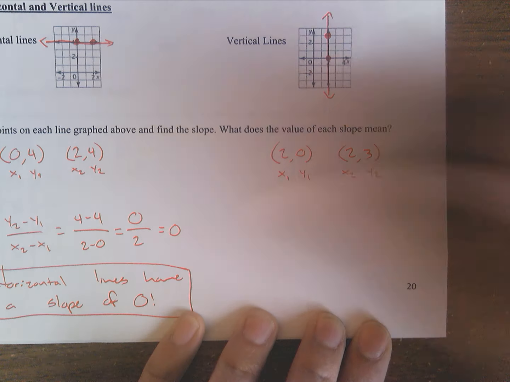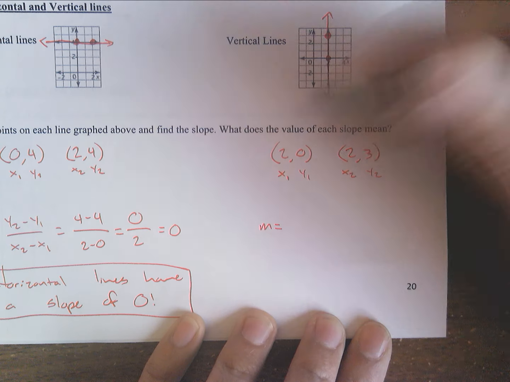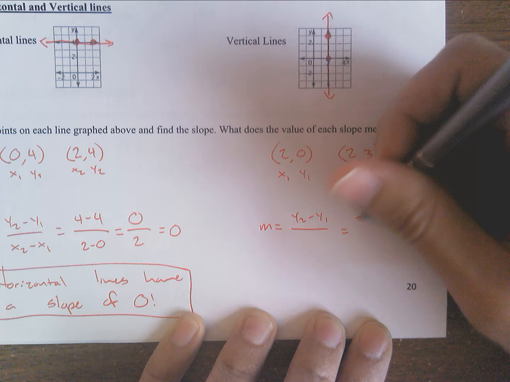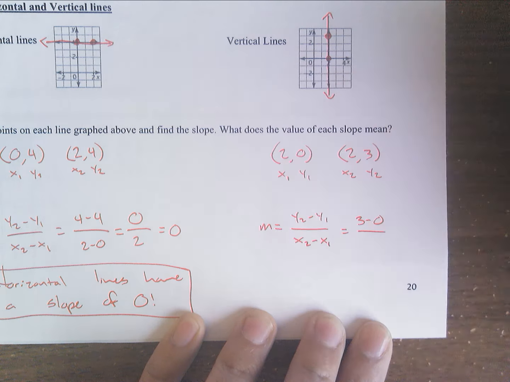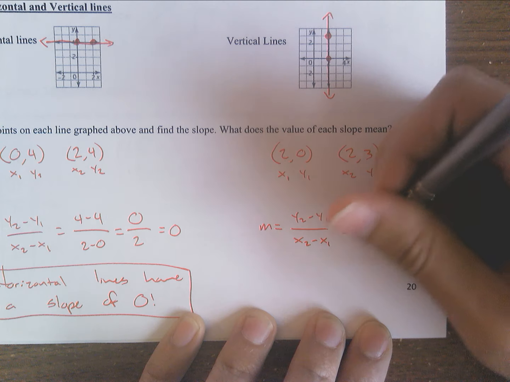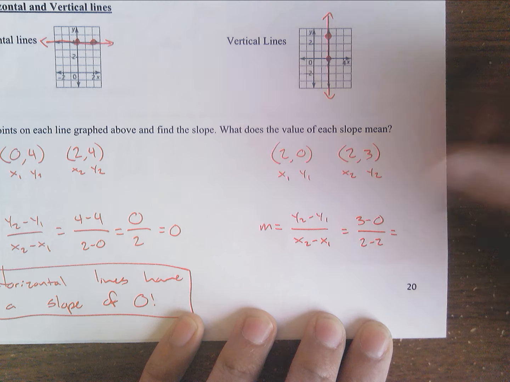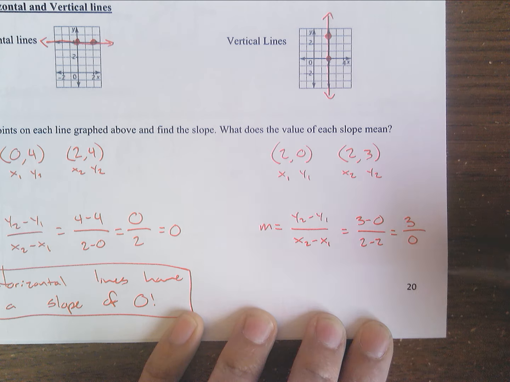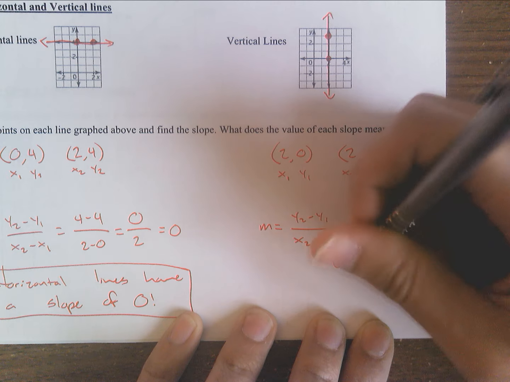All right, so using our formula, m equals y2 minus y1, we have 3 minus 0 over x2 minus x1, we have 2 minus 2. Well, 3 minus 0 is 3, and 2 minus 2 is 0. Uh-oh, we've got 3 divided by 0. Can't have that. Cannot divide by 0, so this has undefined slope.